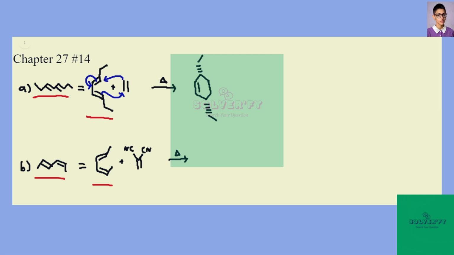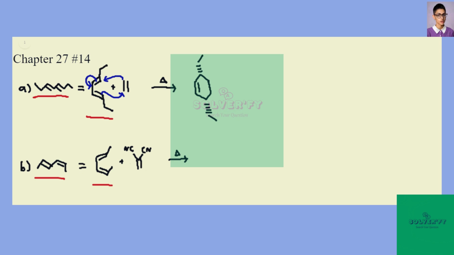So both of the double bonds in the starting diene are trans, and so they're going to be cis here. They move in the same fashion, so to say.